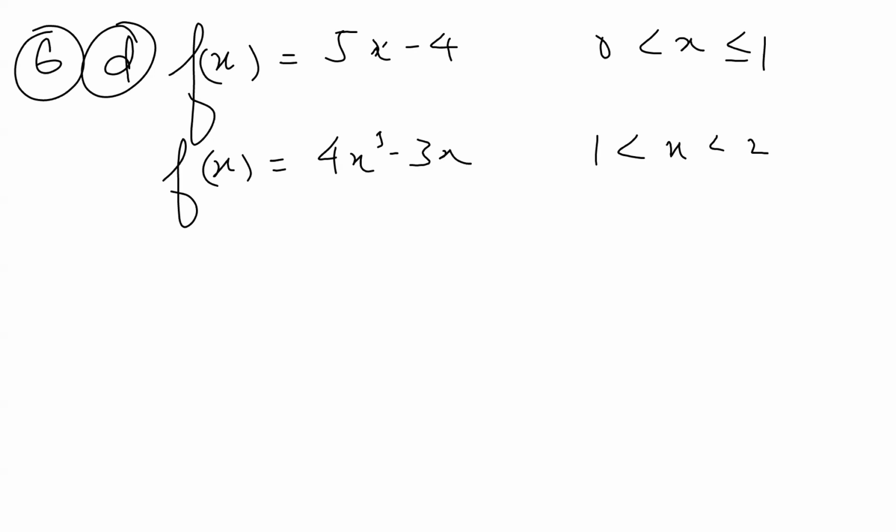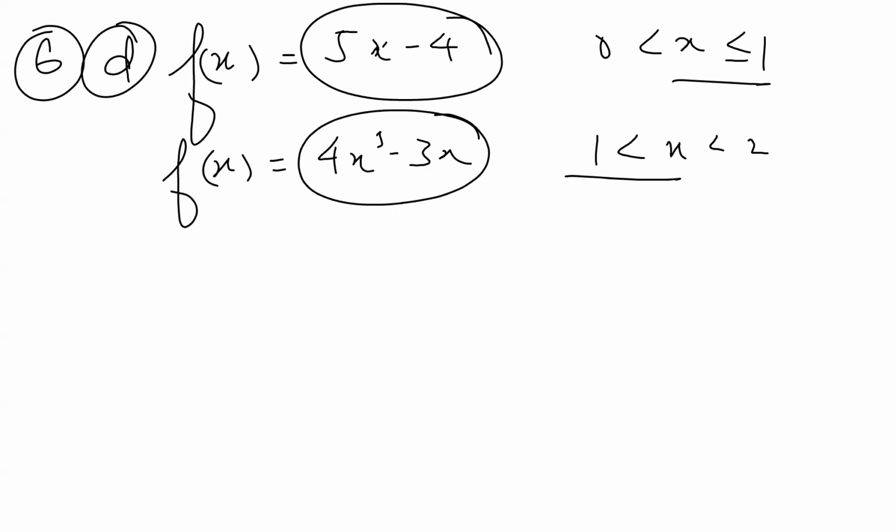So we need to discuss the continuity at x equal to 1. They have given us the point at x equal to 1. So 1 becomes a critical point, because at 1 the function is changing. When x is less than 1 or very near to 1 and less than 1, then it is this function. Very near to 1 and greater than 1, then it is this function.